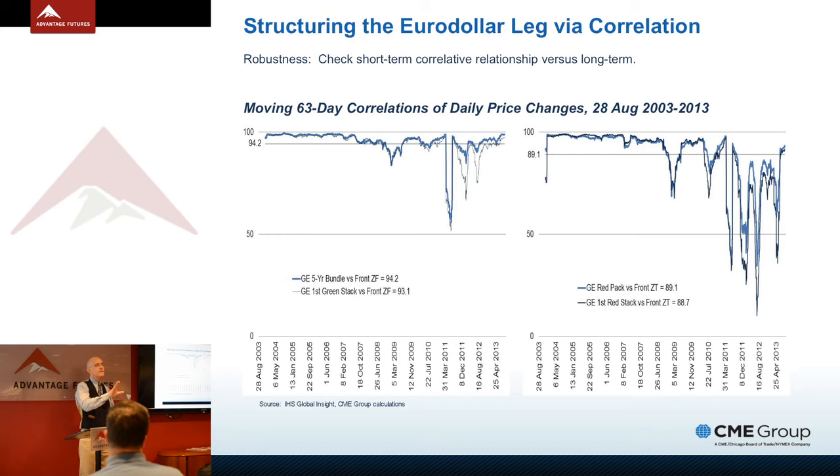Keep this in mind. This doesn't mean you're going to lose, it doesn't mean you're going to profit. All it means is that the relationship between the Treasury leg and the euro-dollar leg that you think you know might come apart, at least temporarily. This is all part of good risk management discipline.